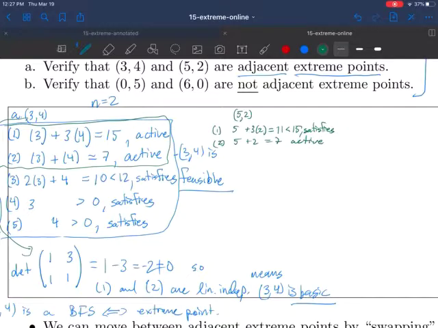That's active. Constraint 3: 2 times 5 plus 2 equals 12. Again, active. Constraint 4: 5 is strictly greater than 0. It satisfies. And constraint 5: 2 is also greater than 0, so it satisfies.